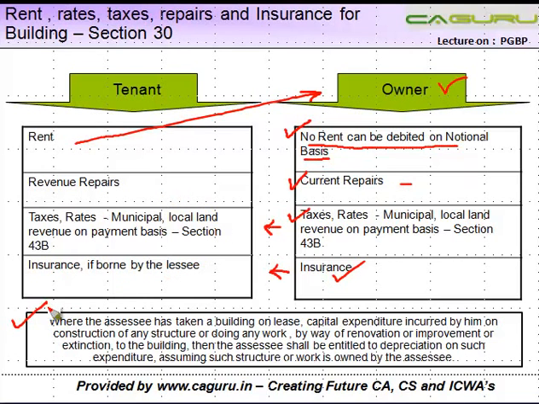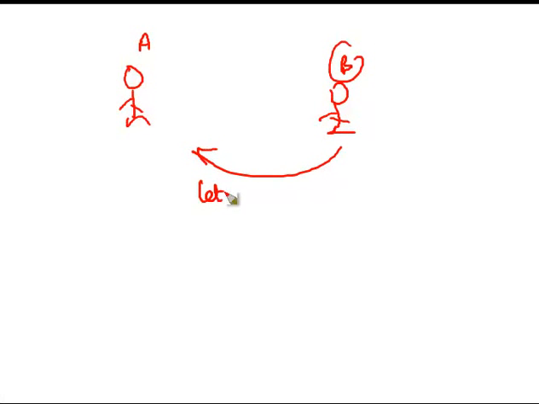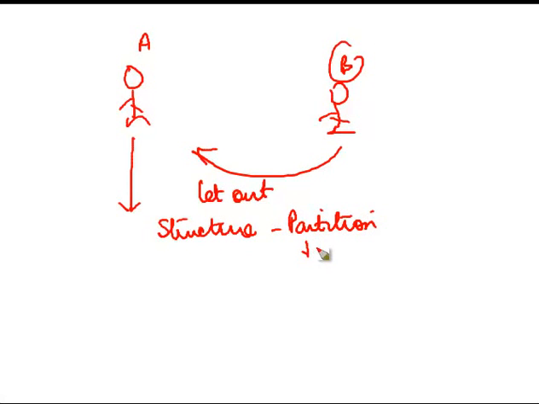Before I take you through this, let me just again go back to the drawing board. Now we had A, we had B. B had actually let out the building to A, right? Now as A got into this building, he realized that the structures put into the building, let's say the partitions, the wooden furniture and all which are there, are too low standard.